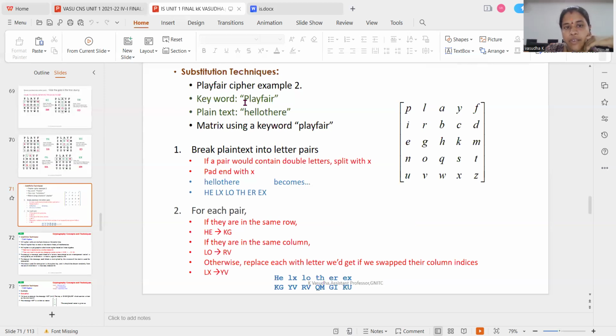So here we will take the keyword as Playfair and the plain text as hello there.